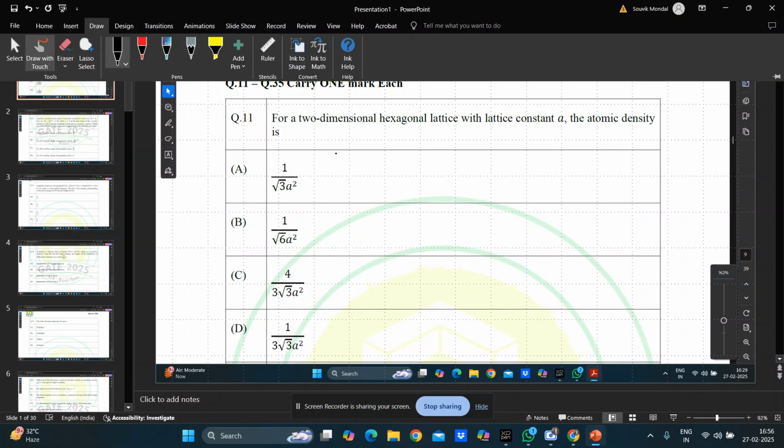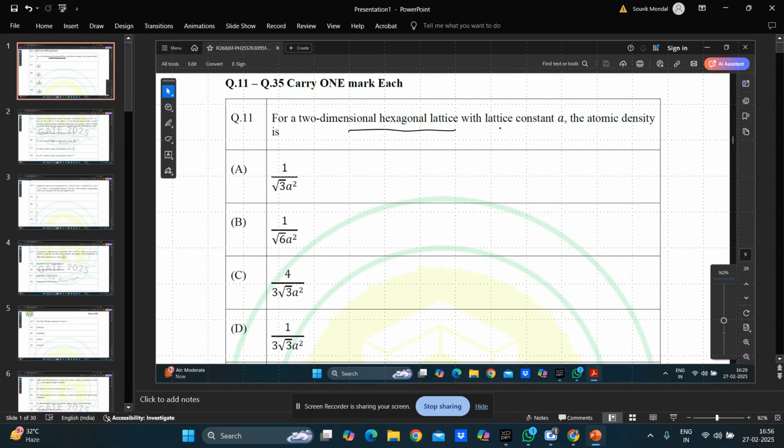So the first question is: for a two-dimensional hexagonal lattice with lattice constant A, the atomic density. So this is the lattice, and let's say this is the center.